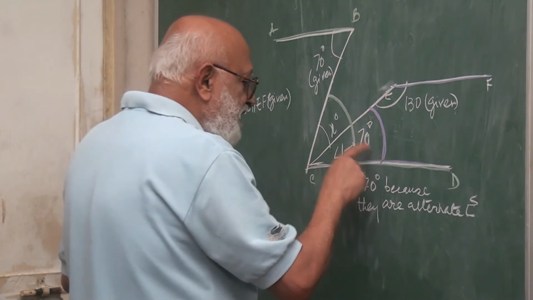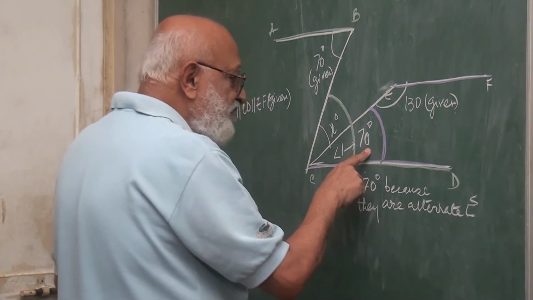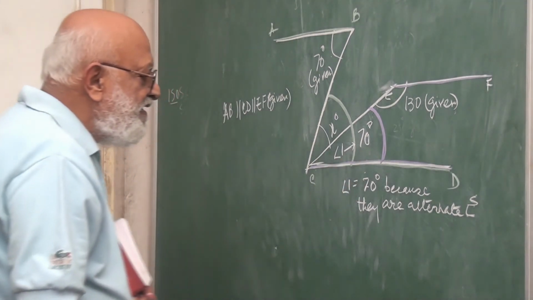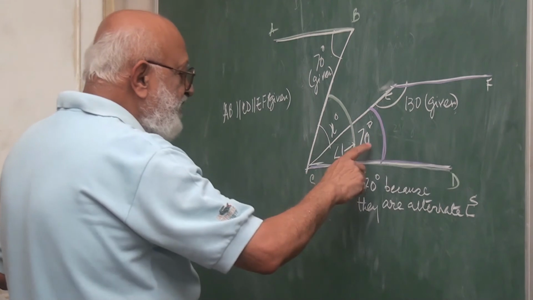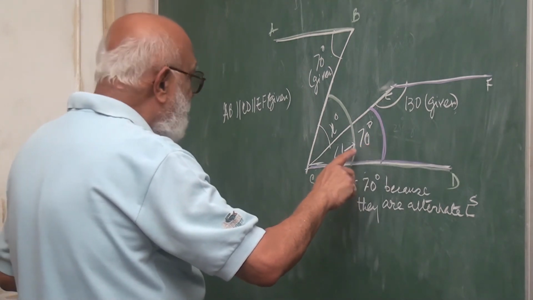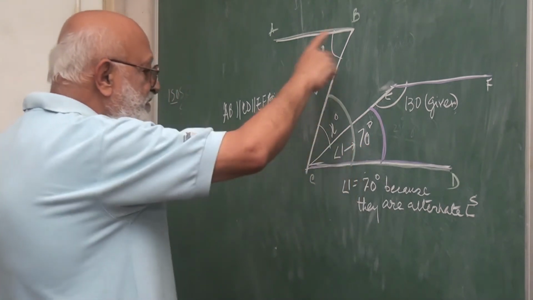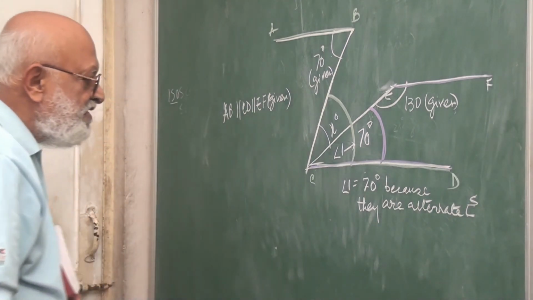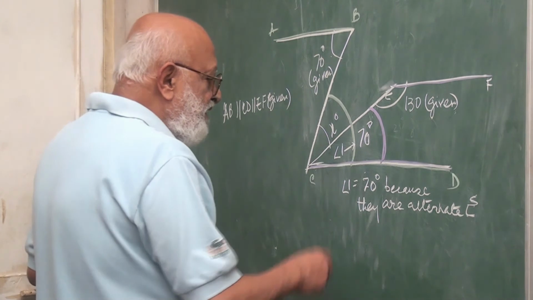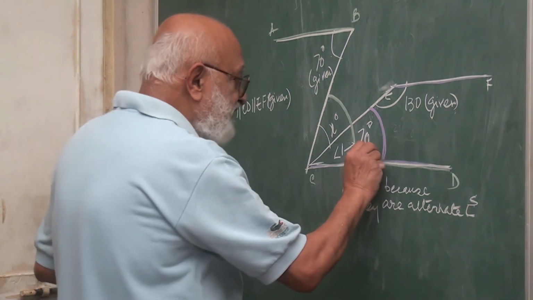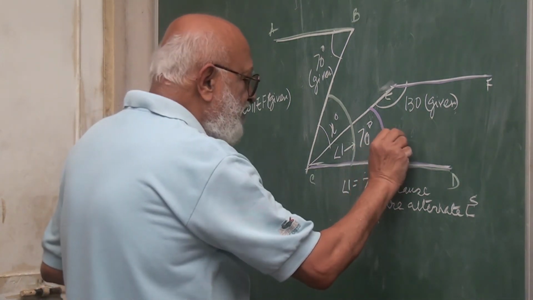This angle is given as 70, and this angle is also given. So this 70, which we have found out, let us call the smaller angle angle 2.